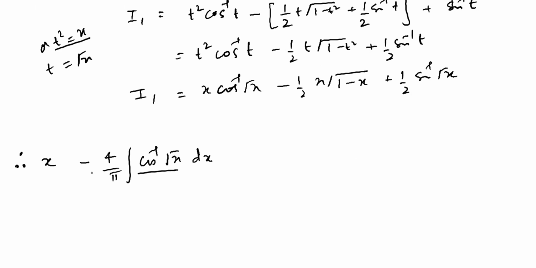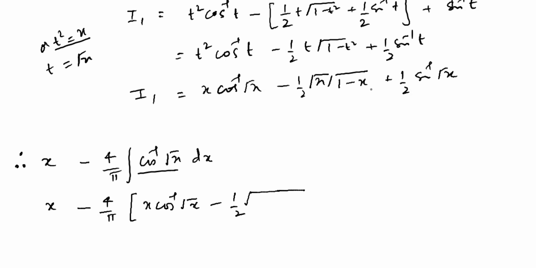Therefore, integration of x minus 4 upon pi cos inverse root x dx will be equal to x minus 4 upon pi times x cos inverse root x minus 1 by 2, here it was root x into under root of 1 minus x, so this is going to become x minus x square, plus 1 by 2 sine inverse of root x.